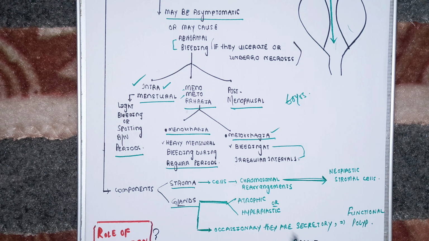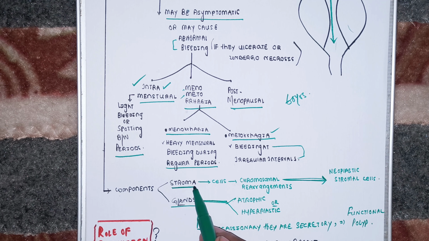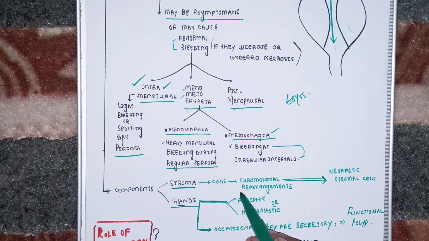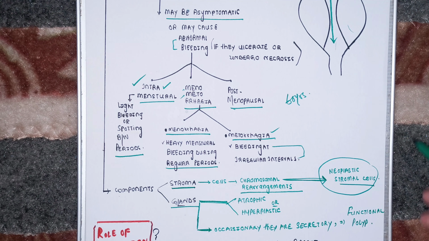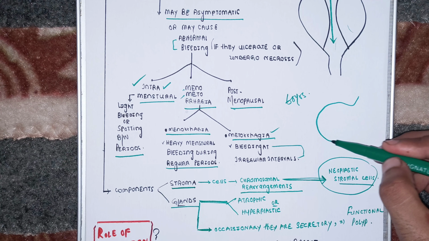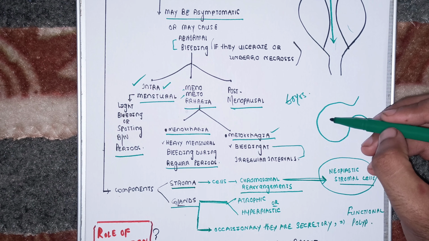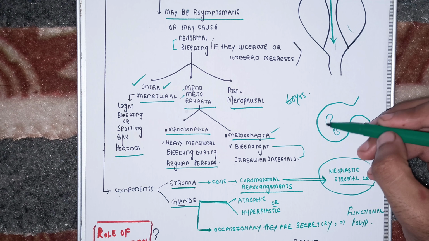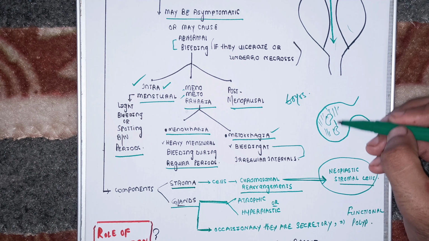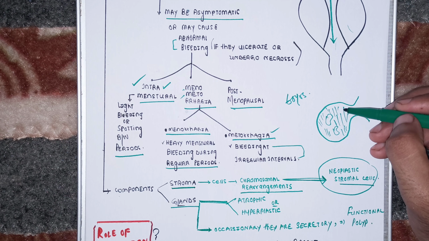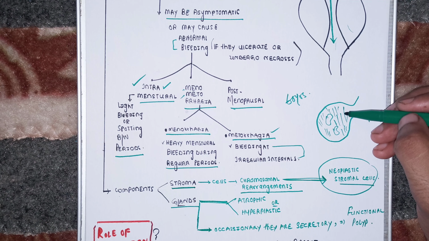One thing that I need to mention here is, beta, the stromal cells of the endometrial polyp show some chromosomal rearrangements, and that's why we say that the stromal cells of the polyp are neoplastic. If I draw a polyp here, let's suppose these are some glandular cells, and the remaining part is all stroma.